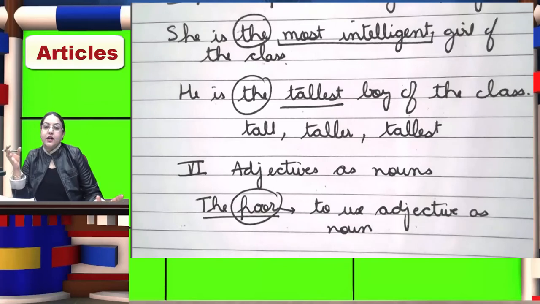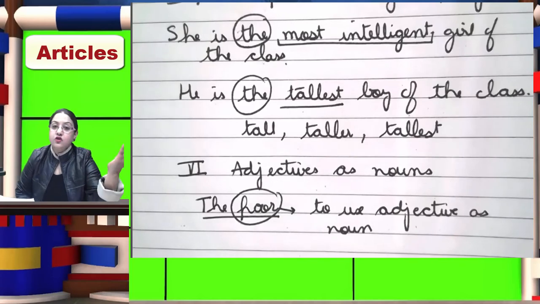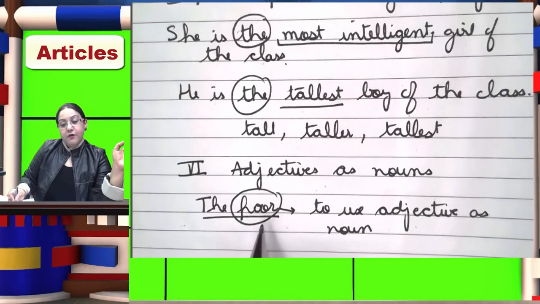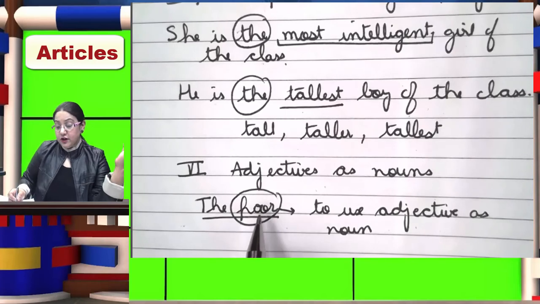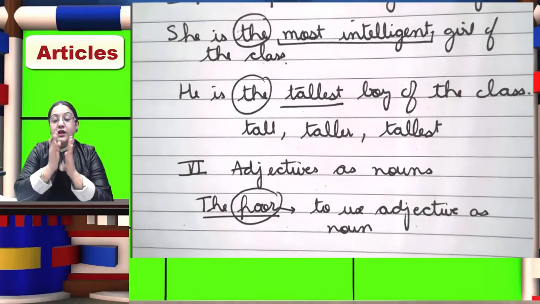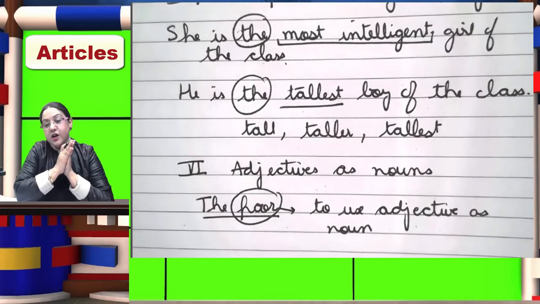So my adjective becomes my noun because it is the poor. It refers to a class of those people who are poor. So whenever adjectives are used as nouns, there also we are using the.